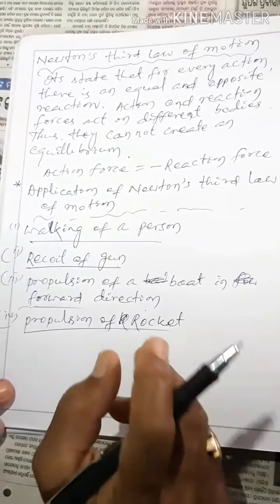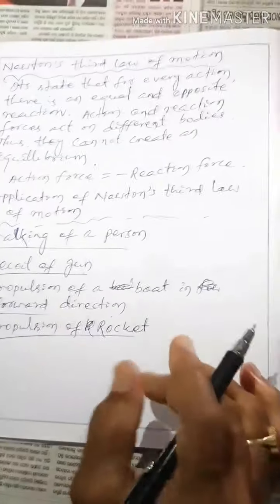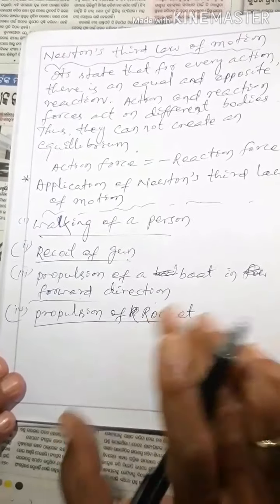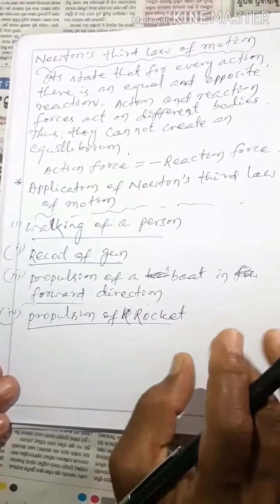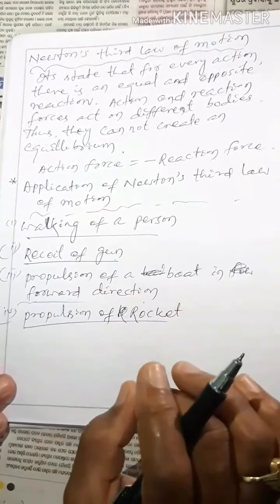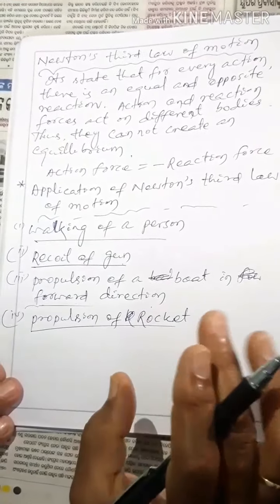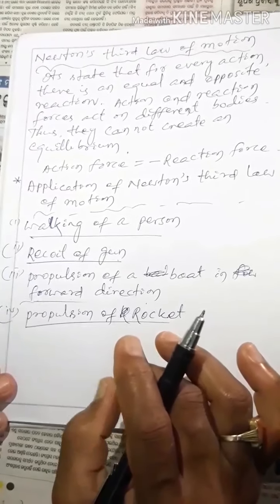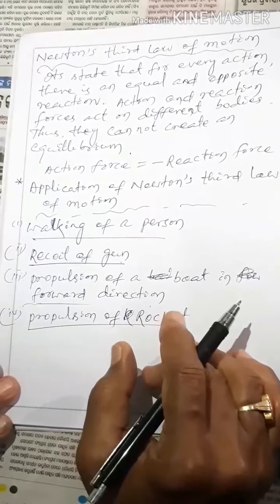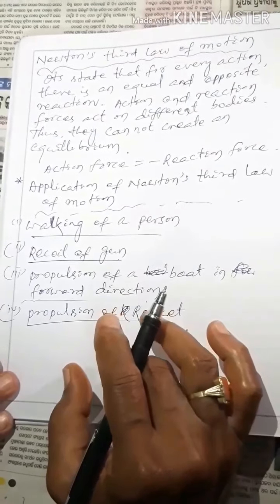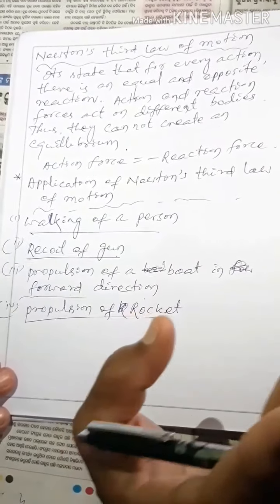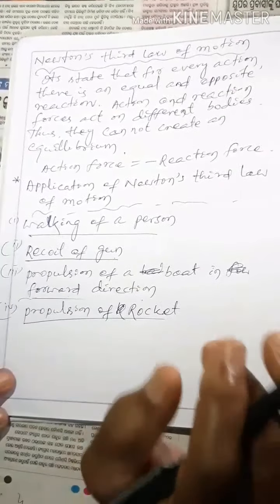The rapid burning of fuel produces hot gases which rush out from the nozzle at the rear end at a very high speed. The equal and opposite reaction force moves the rocket upward at a greater speed. Clear?